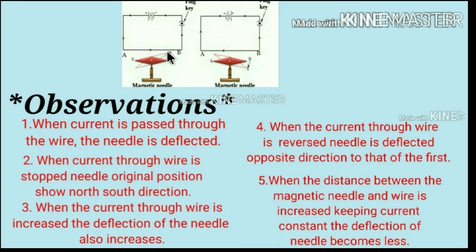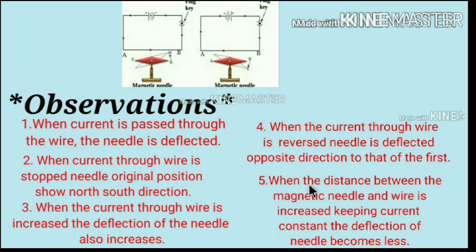This is the deflection, and when we reverse the current, the deflection is also shown by the dotted line. When the current is again from this positive end to the negative end, the deflection is shown by this point.